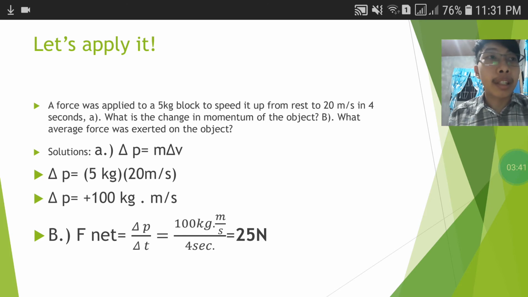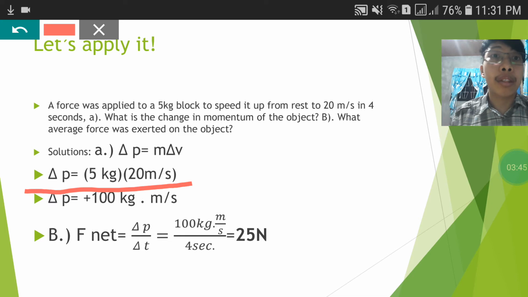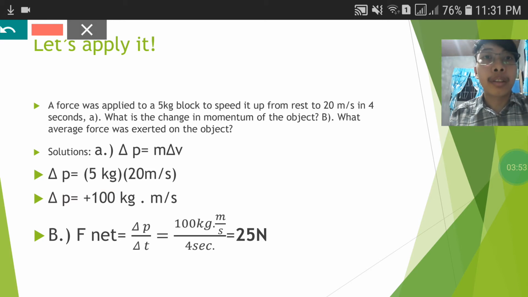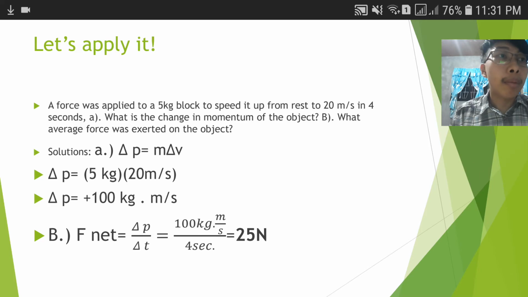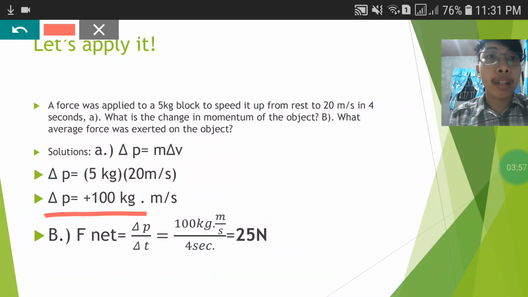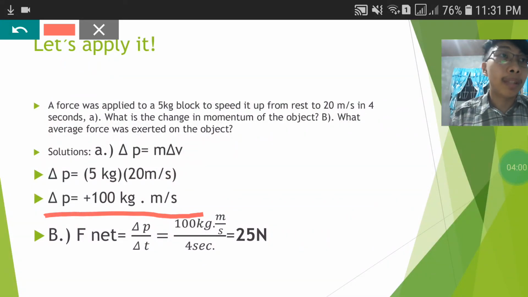So our momentum here is equal to 5 kilograms, our mass, times 20 meters per second, our velocity. Therefore, our momentum is 100 kilogram meters per second. It is positive because, according to our problem, it sped up from rest. So final velocity 20 minus 0 is equal to positive 20.